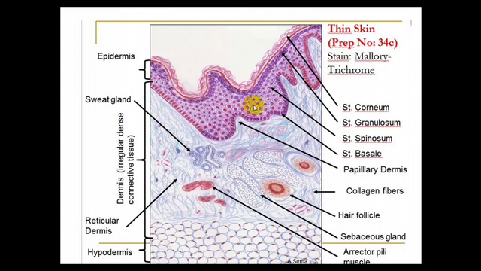Stratum basale constitutes a single layer of mitotically active cuboidal to low columnar cells.